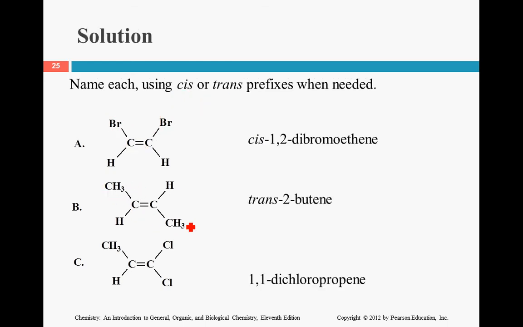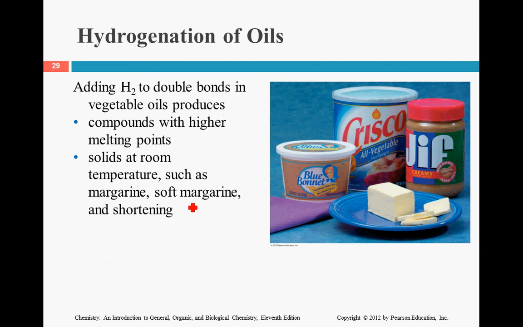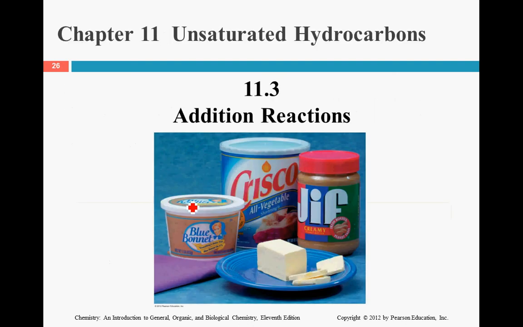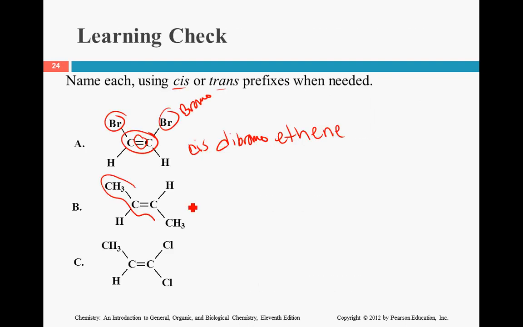For this one, there's our long chain. There's 4 carbons there, so that gives us but-. Double bond is E-N-E. That is on the second carbon.